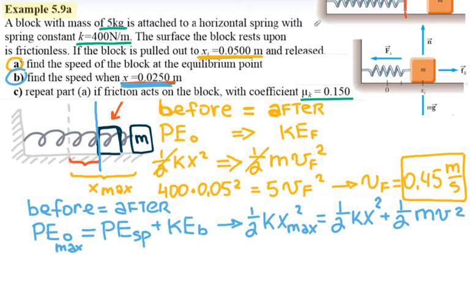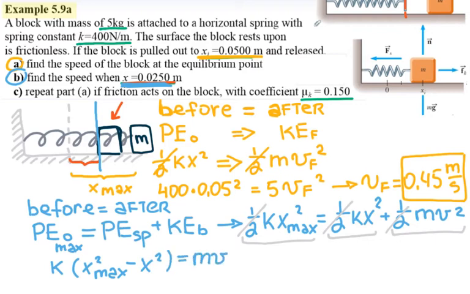Every single term in this equation has 1/2, so I can cancel 1/2. After this I'm going to move kx squared to the other side. So I have k times x maximum squared minus x squared equals m v squared.